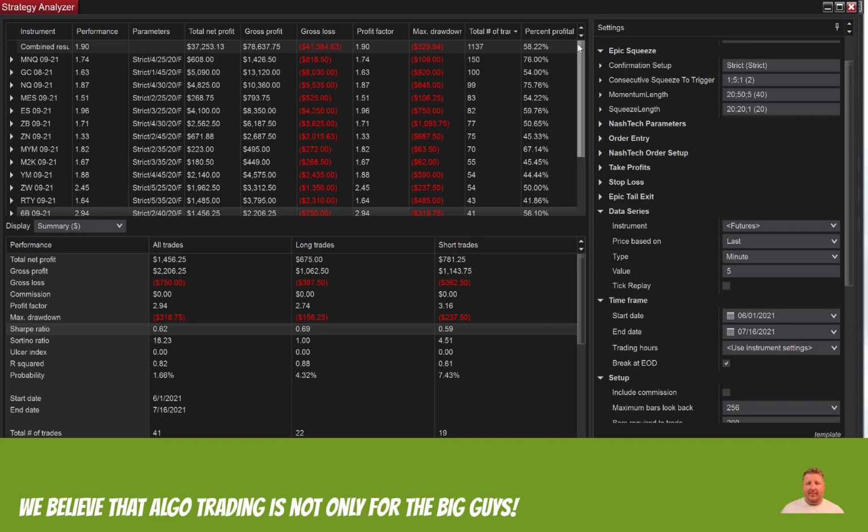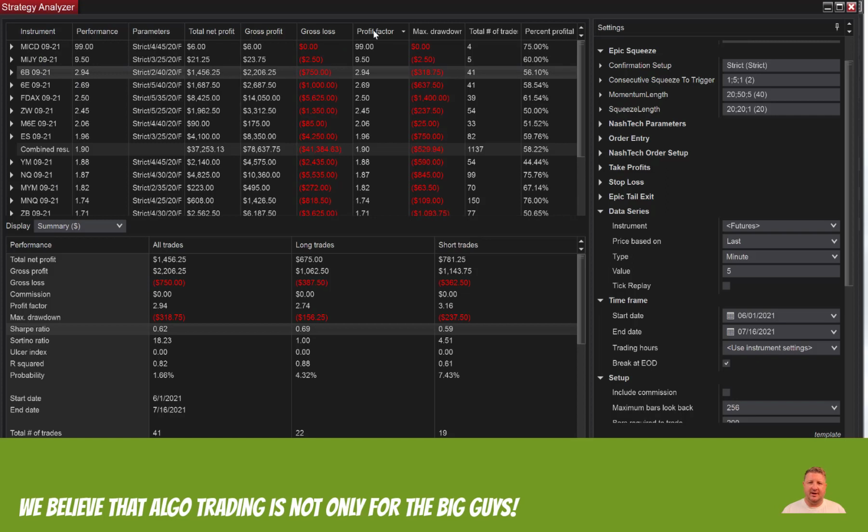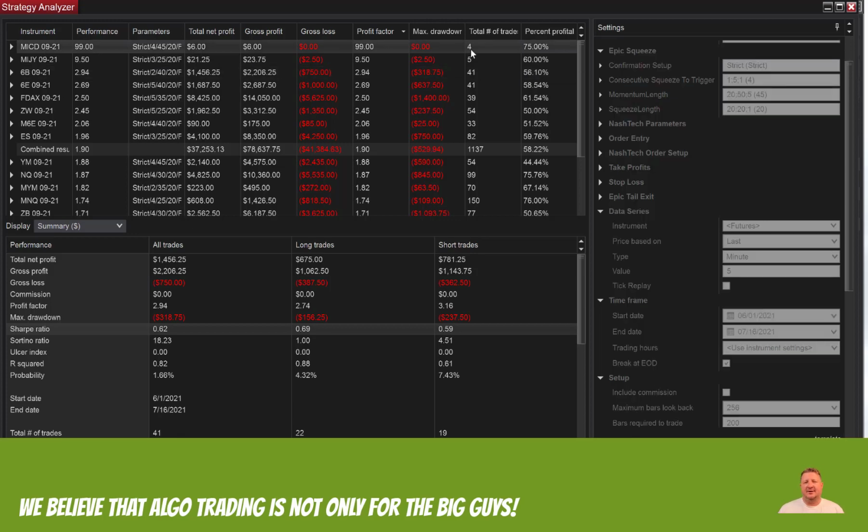First of all, I'm happy with the fact that all of these are showing up above 1 in profit factor for all of the different instruments. Things that I would never ever take live, something with 4 trades, right? I wouldn't take that live. I like to look at setups that have at least 20 trades, and from there, it kind of depends on the setup.